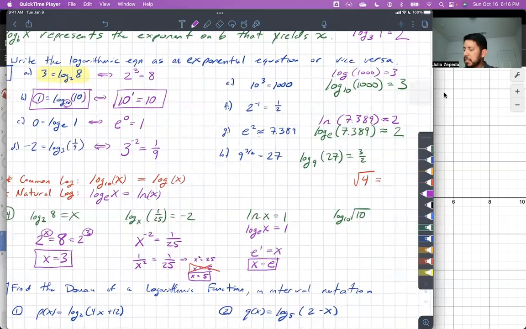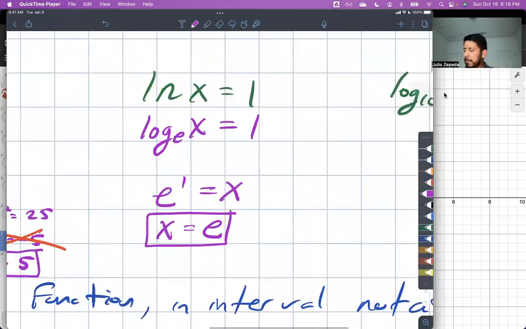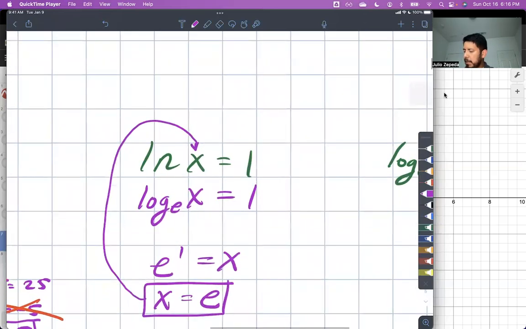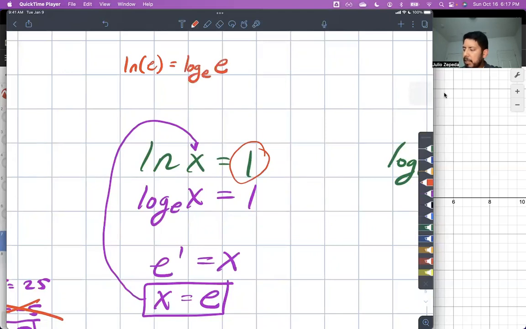And we can plug this one in here just to check. Let's go ahead and plug e back in for x here. So the natural log of e equals, and let's verify that it's equal to 1. Let's rewrite the natural log of e as the log with the base of e.